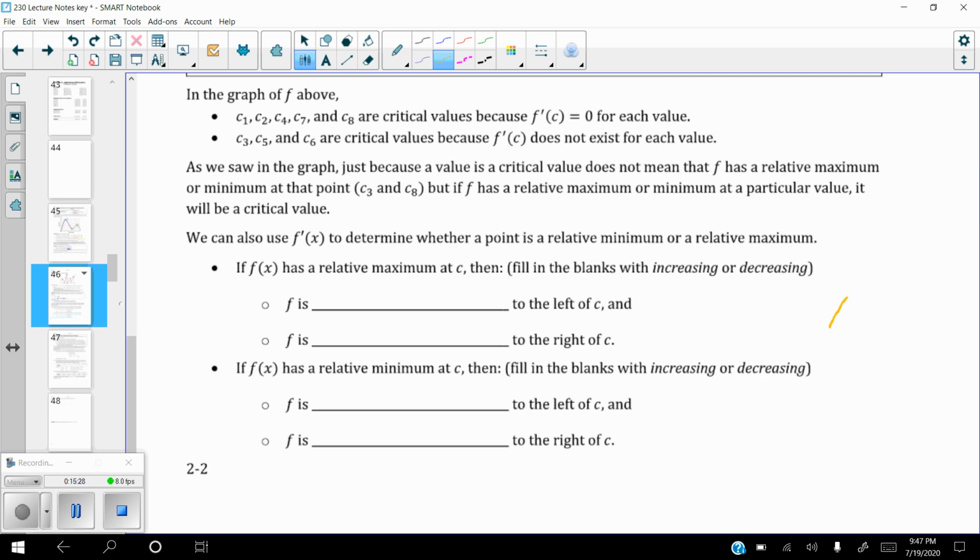Just in general, your function's got to go from up to down, and right there would be a relative maximum, which means that f has to be going up to the left of c, which means it has to be increasing, or positive slopes. And then f has to be decreasing to the right of c.